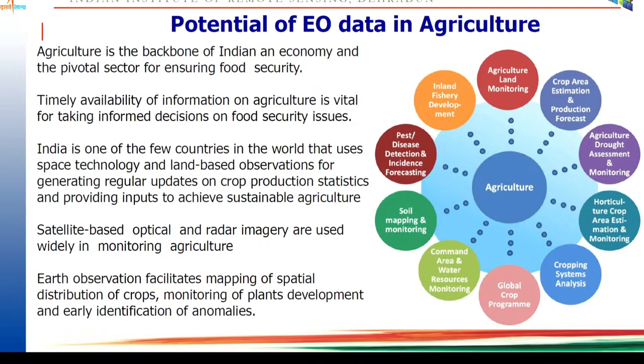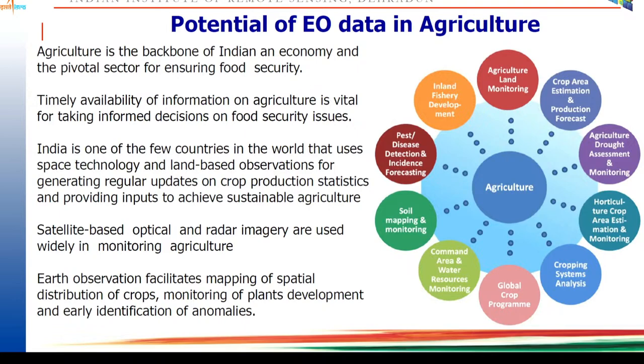Apart from this, there is also mapping for watershed management, for hotspot areas of solar radiation utilization, energy efficiency, more crop per drop, and so on. Also new crop insurance, precision agriculture.